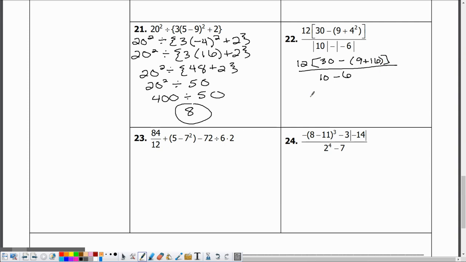Okay, then we're going to do 9 plus 16. And that's 25. And 10 minus 6 is 4. 30 minus 25 is 5. 12 times 5 is 60. Divided by 4 is 15.